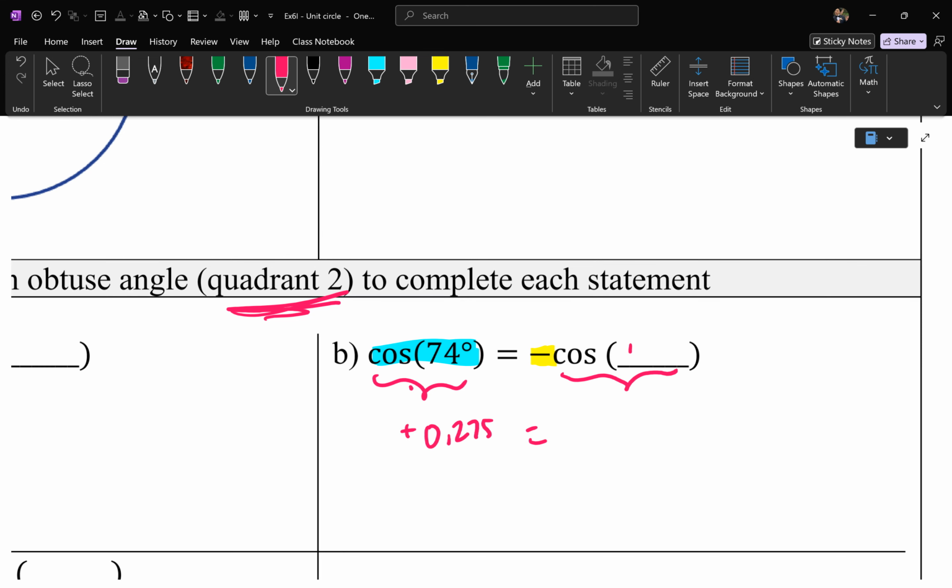And I know that if I did cos of 106 degrees, it would have given me a negative 0.275. So the only way to combat that negative, to make sure they're both positive, to be equivalent, I had to put another negative at the front. Because cos of 106 degrees, which is in quadrant 2, will give me a negative value. So to combat that, I have to put a negative at the front.